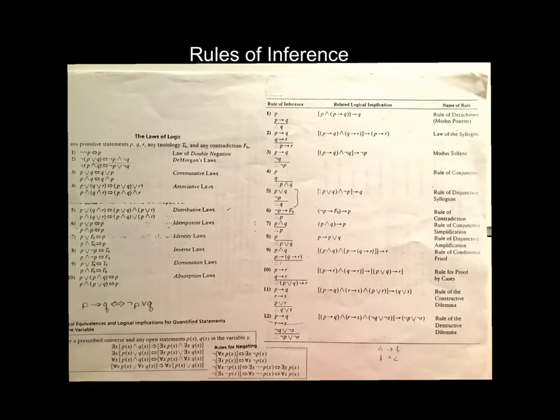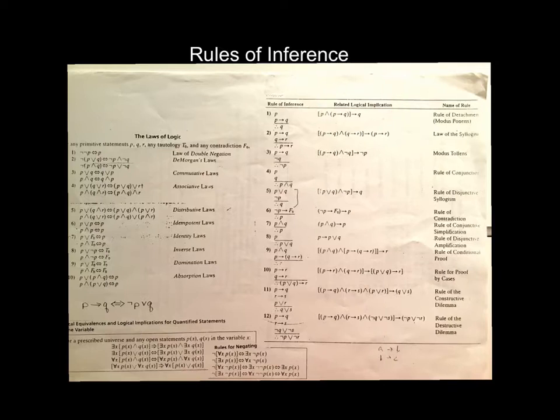The rules of inference are in the handout that will be given to you in class, also can be found in your textbook. The rules of inference are written both in this kind of tabular form you see on the left, and they are also written as these logical implications you see in this middle column.